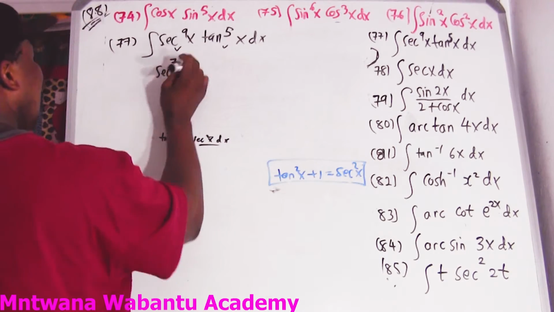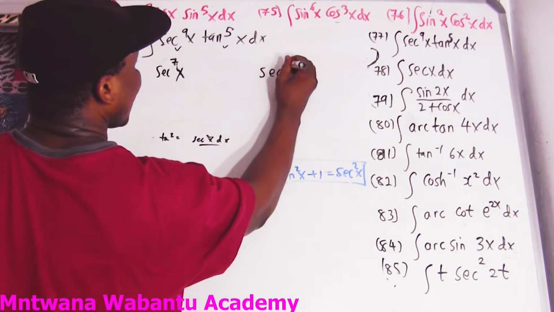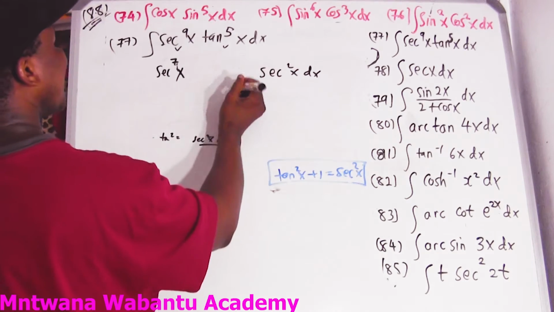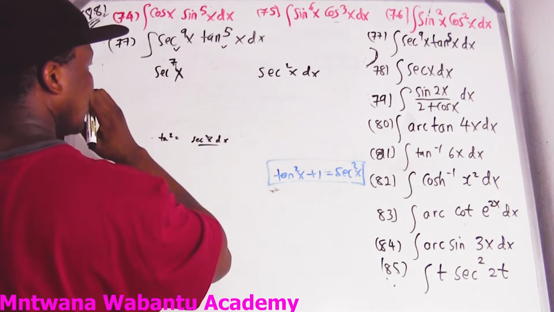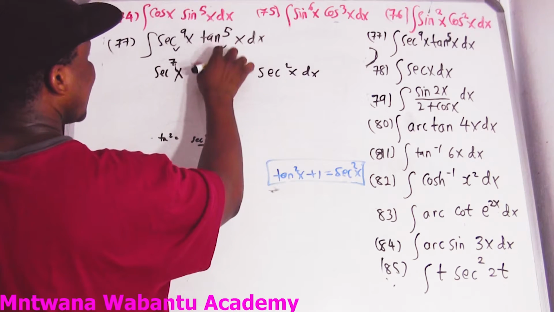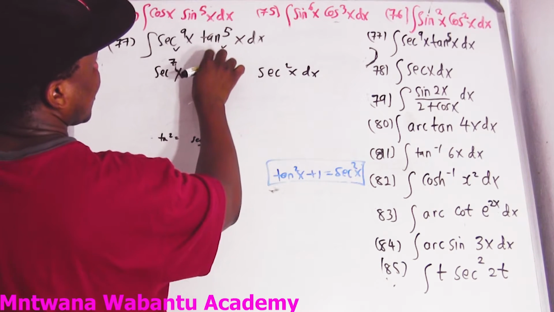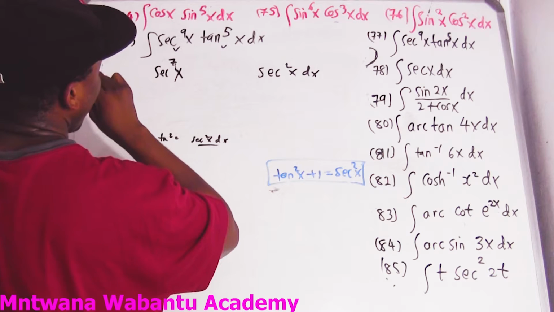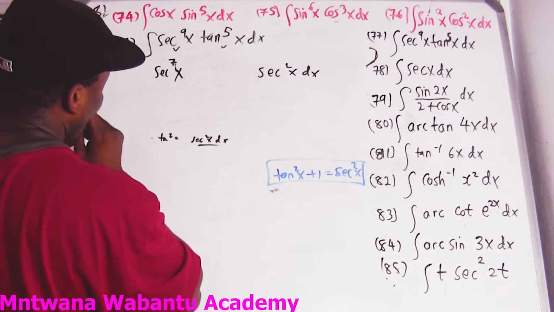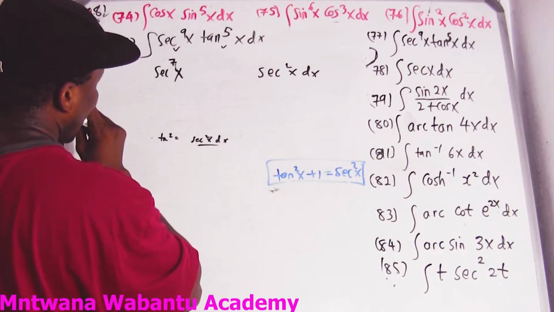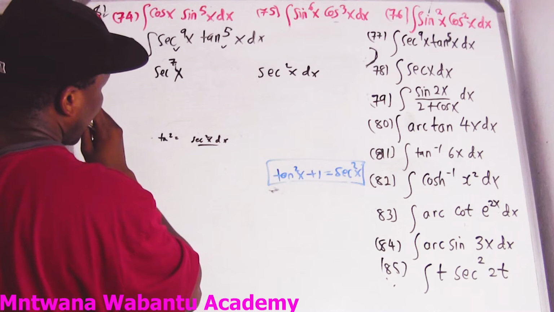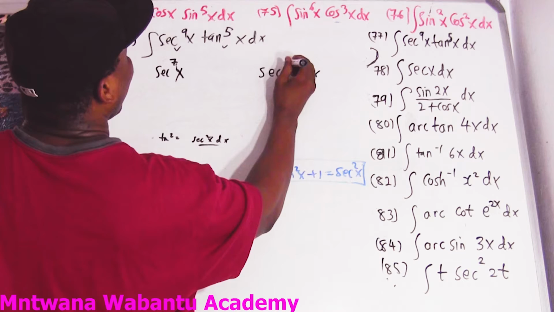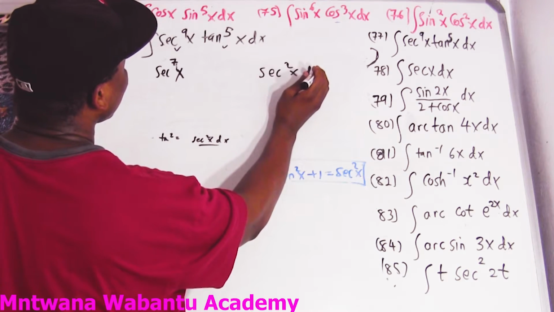Excuse me, make this 7. Take 2 sec here, sec square x dx, and then this tan here. If I take sec tan, okay.